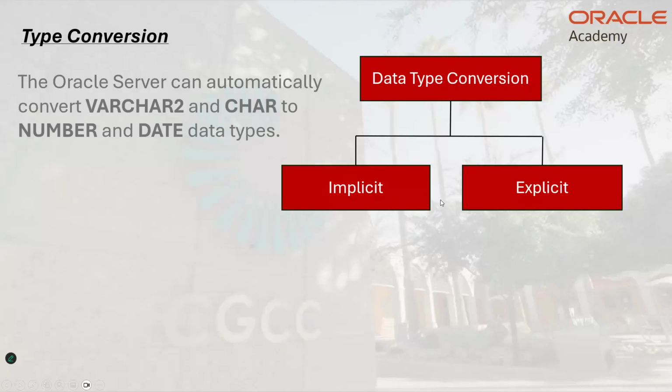So Oracle Server can automatically convert varchar to char when it's appropriate, so variable length to fixed. And it's all about efficiency and resources and things of that nature. The system will make sure that whatever the data type is, it is as appropriate as it can be for that output from an internal system perspective.